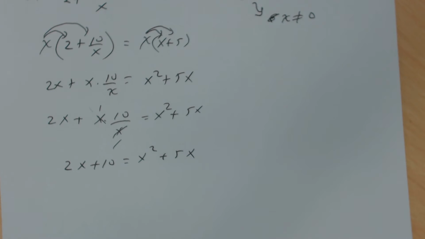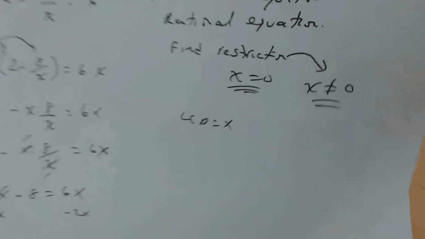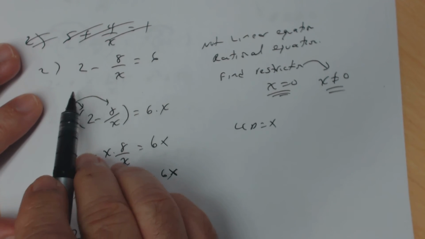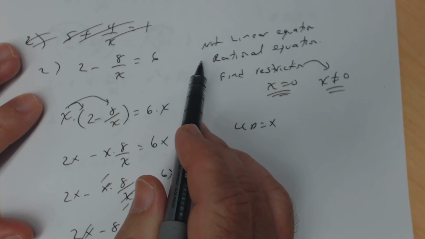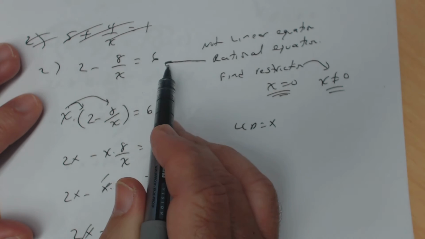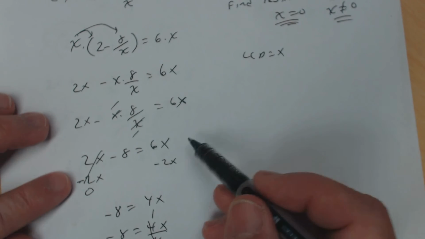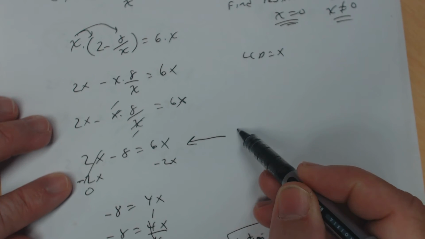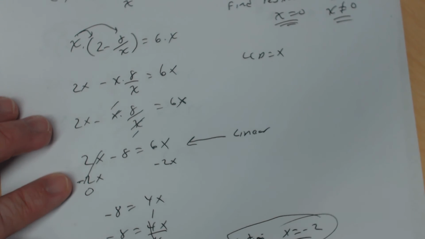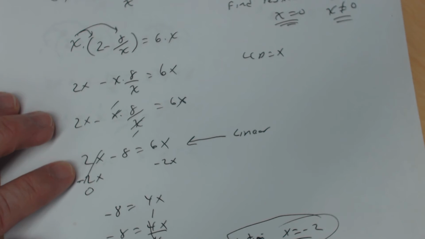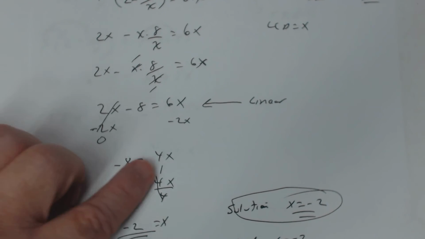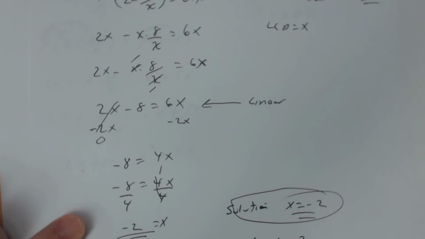Now, before we go on, look at the previous problem. Notice I went from a rational equation to a linear equation. This is linear. And to solve this linear equation, bring all variables to one side, all constants to the other.